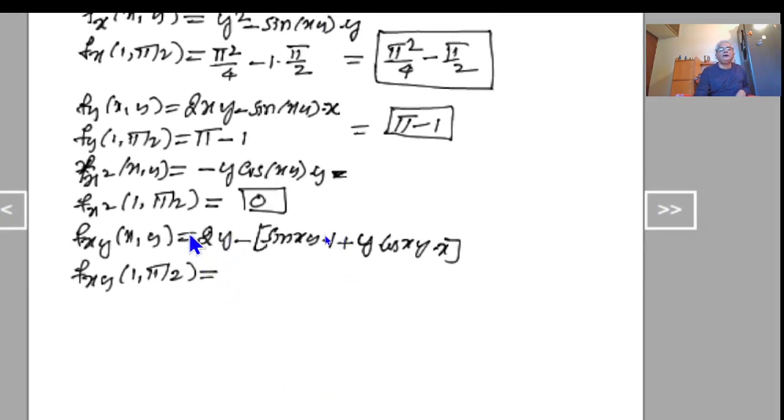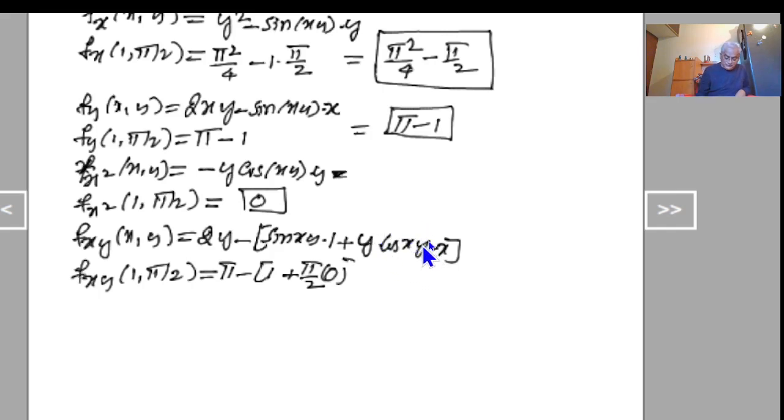So therefore here fxy at the point 1 comma pi by 2 is equal to 2 into pi by 2, 2 gets cancelled. This is pi minus sine of 1 into pi by 2. Sine pi by 2 is 1, plus y is pi by 2 into cos xy, which is equal to 0 because x equal to 1, y equal to pi by 2, I am getting cos pi by 2. This is equal to 0.